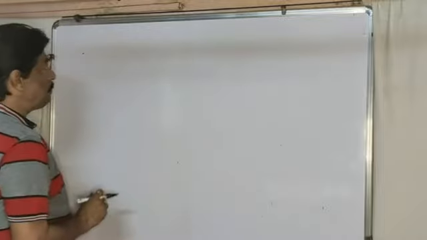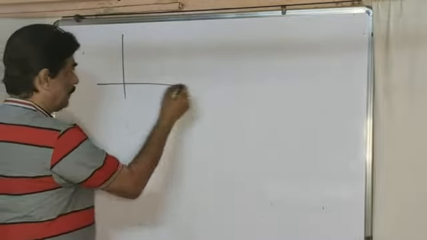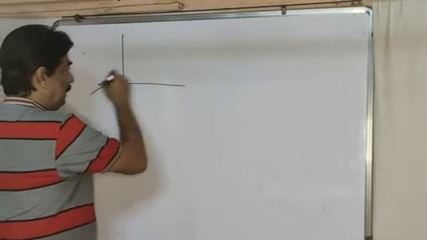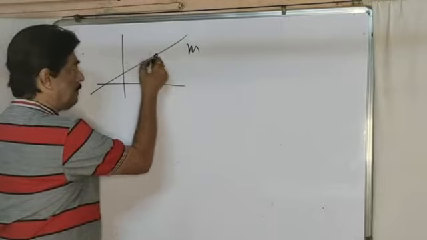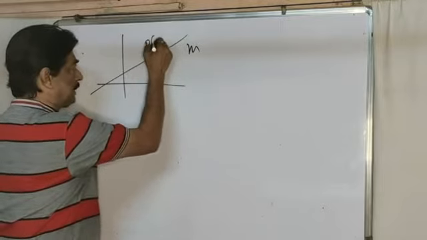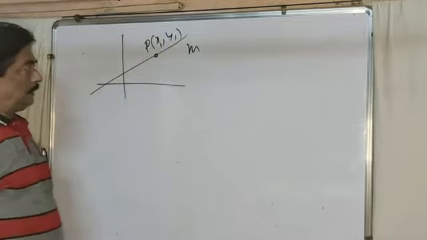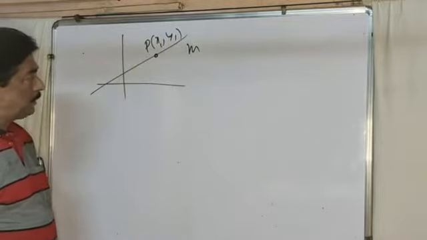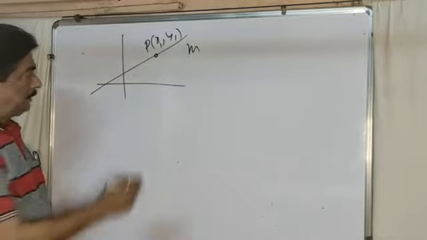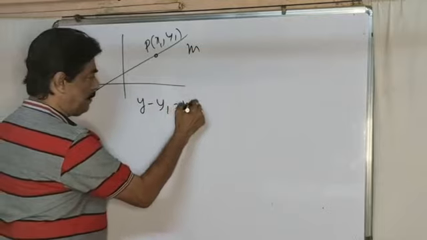Now type 2, a line. The gradient m is given, and the line is passing through a particular point (x1, y1). The equation of the line which passes through the particular point (x1, y1) and whose gradient is given will be y minus y1 equal to m into x minus x1.